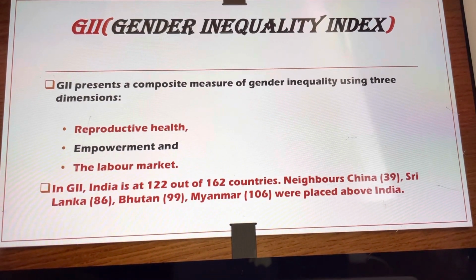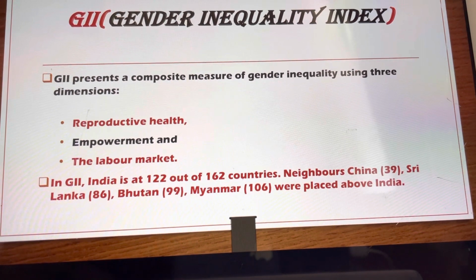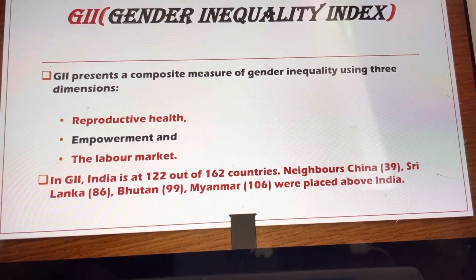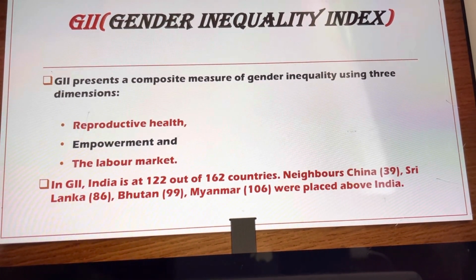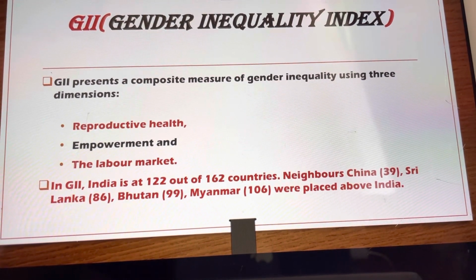Gender Inequality Index. The Gender Inequality Index represents a composite measure of gender inequality using 3 dimensions: reproductive health, empowerment, and the labor market.